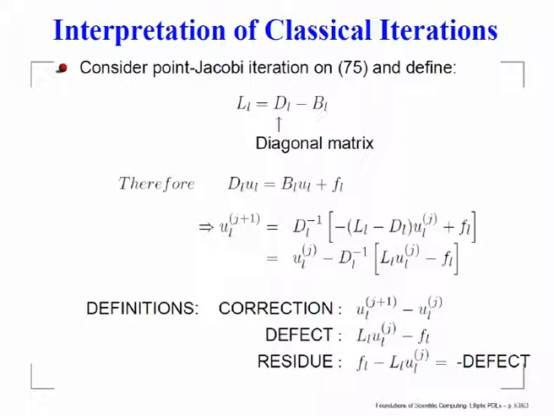So basically at every level we end up obtaining a correction. The correction is u_{j+1} minus u_j, and that is driven by the defect and by the choice of the matrix. This is something well known to us.